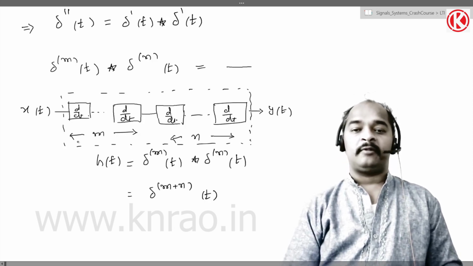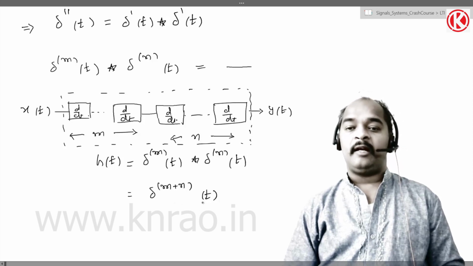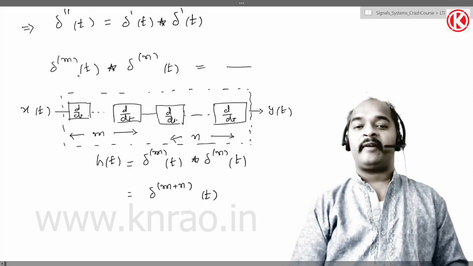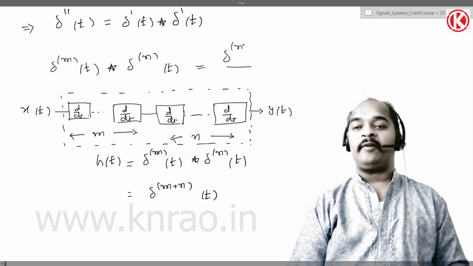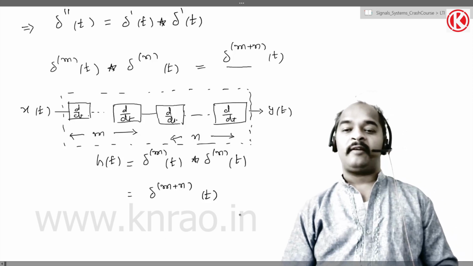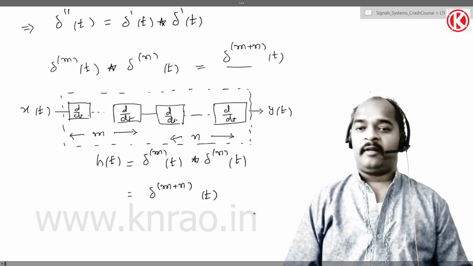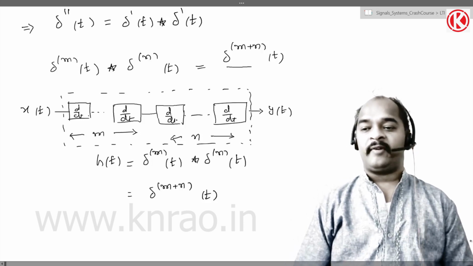So delta power m of t convolved with delta power n of t is delta power m plus n of t. In that way we can get the impulse response of any number of differentiators.